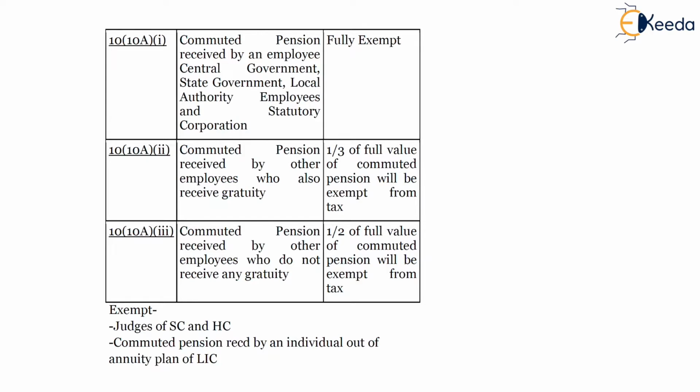Then in such a case, one third of the value of the pension amount will be exempt. And in case gratuity is not received, then subclause 3 of clause 10A is applicable, in which case, friends, half of the value of the pension amount will be exempt.